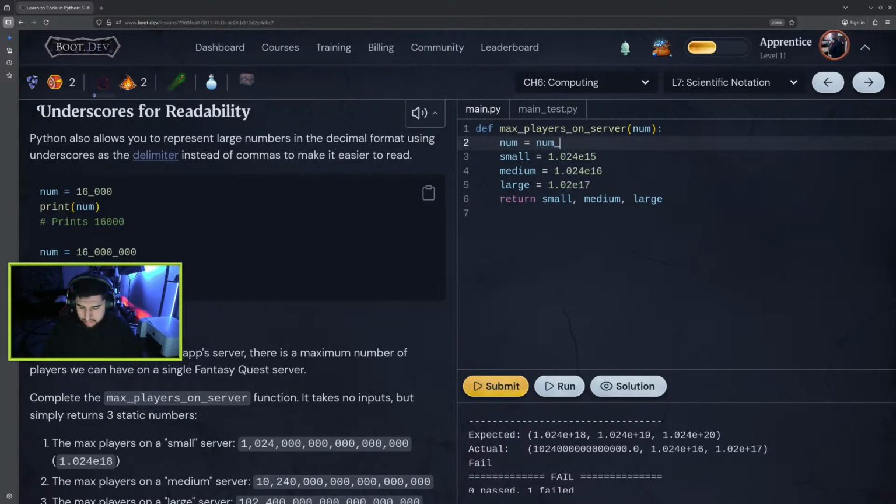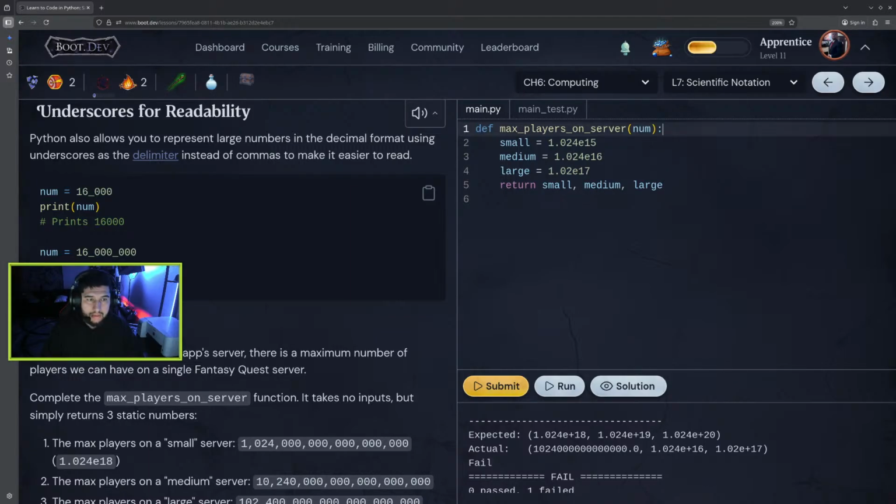Oh no. I don't know how to go about this. Maybe I'll just simply add the plus after the E. Run.